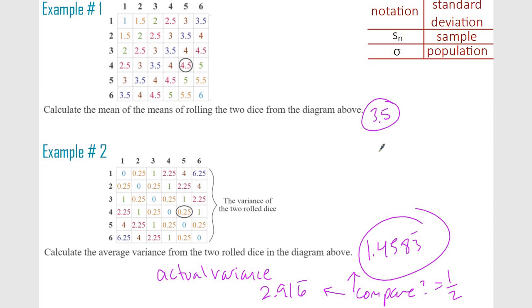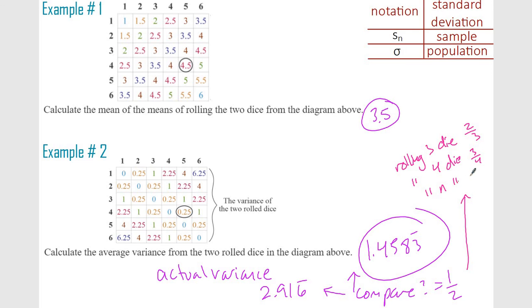Now if I was rolling 3 dice, then my sample variance compared to the actual variance would be 2/3. Rolling 4 dice, that fraction would be 3/4.